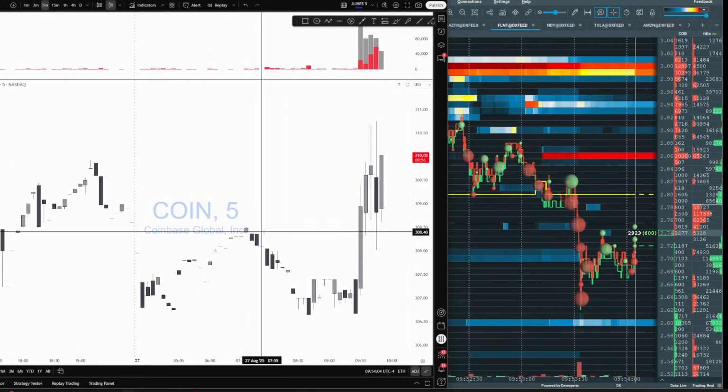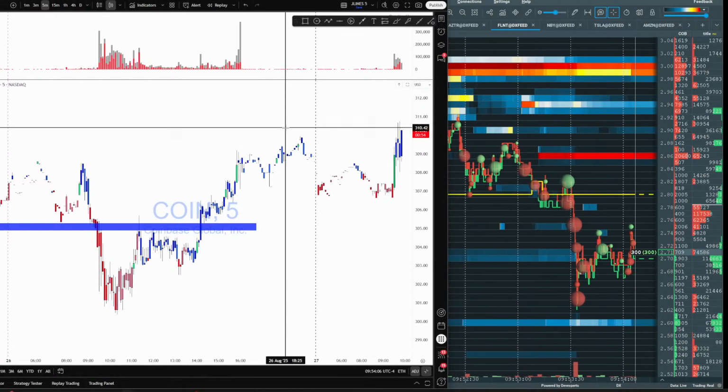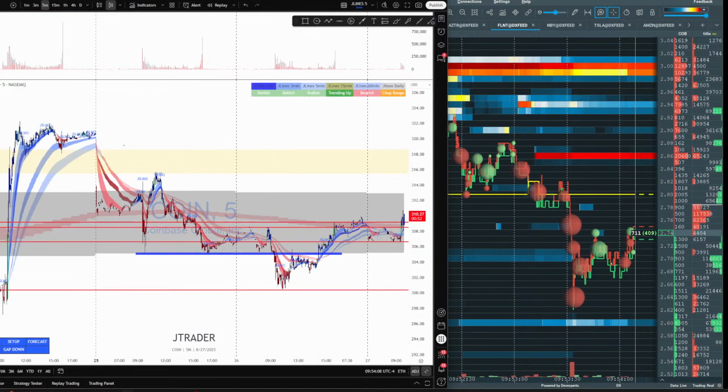Coin still there. I like the daily breakout. This can go 320 this morning.